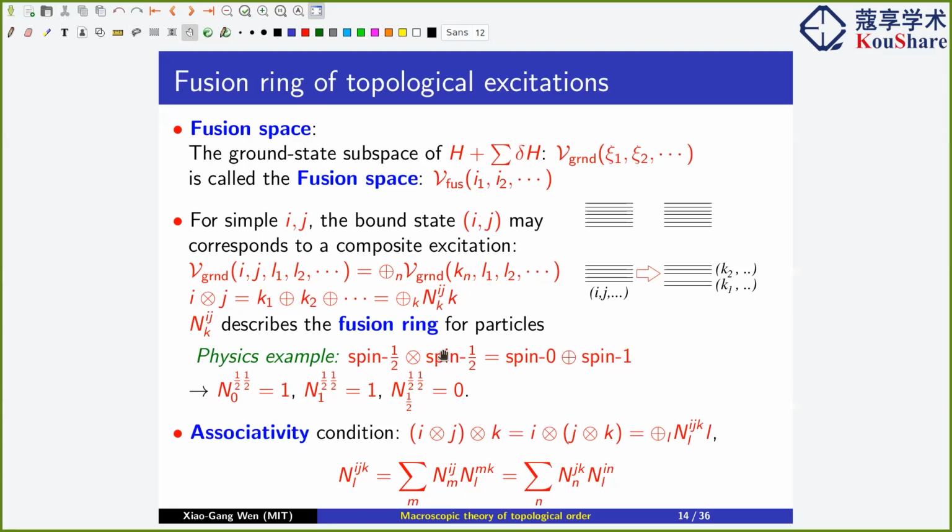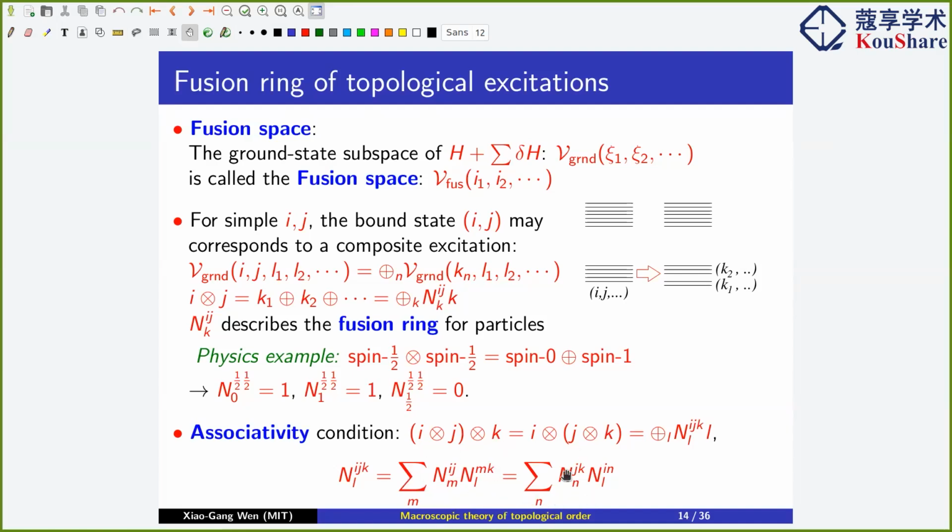And also they should have associativity. It means that when we fuse ij first and k later, or fuse jk first and i later, we should get the same thing. Like if we have three traps, either we make the first two closer, or make the second and third closer. At the end of the three traps, you get the same thing, the same single excitation. So as a rank 3 tensor, this associativity, you can go through as an exercise, means this rank 3 tensor is special and satisfies this relation.